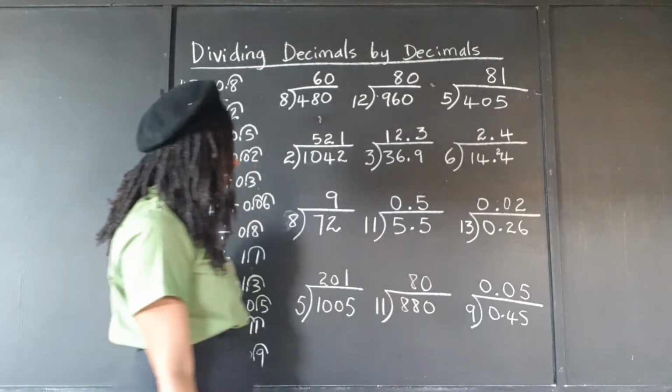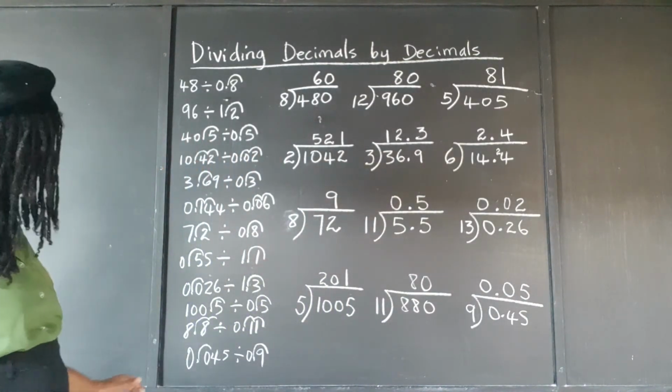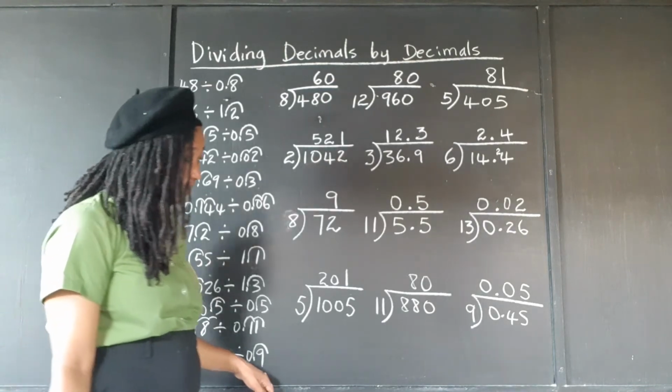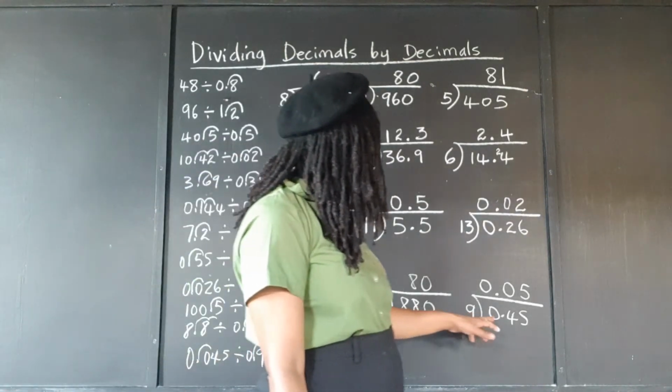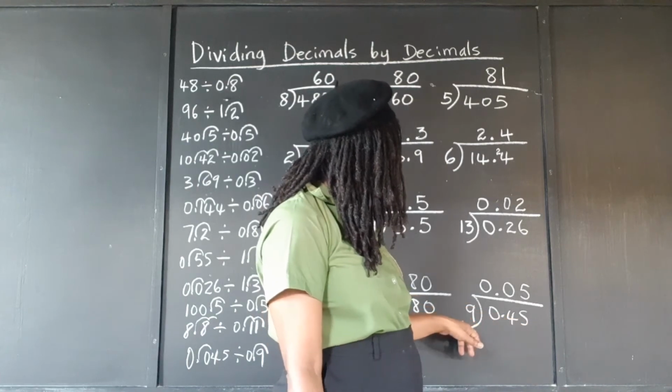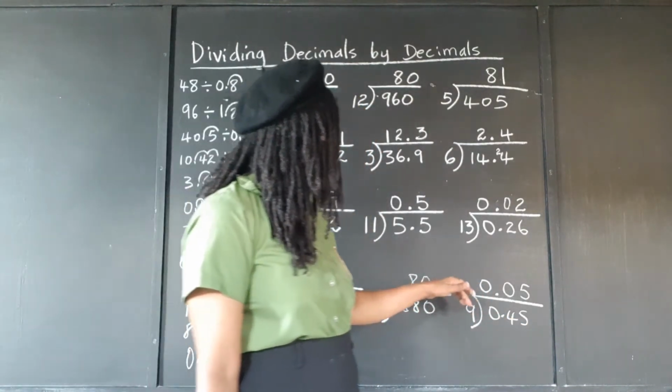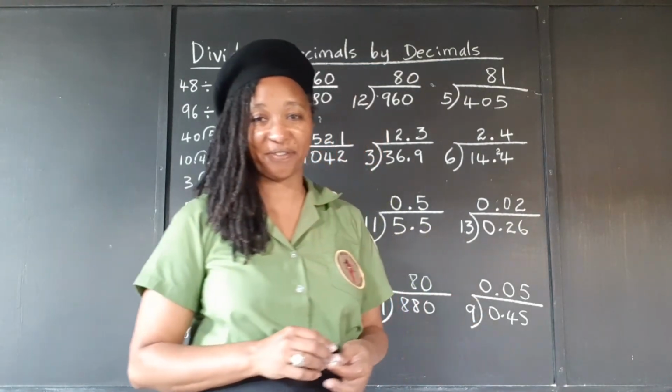So our quotient is 0.05. 0.045 divided by 0.9 is the same as saying 0.45 divided by 9. The quotient or the result of that division is 0.05.